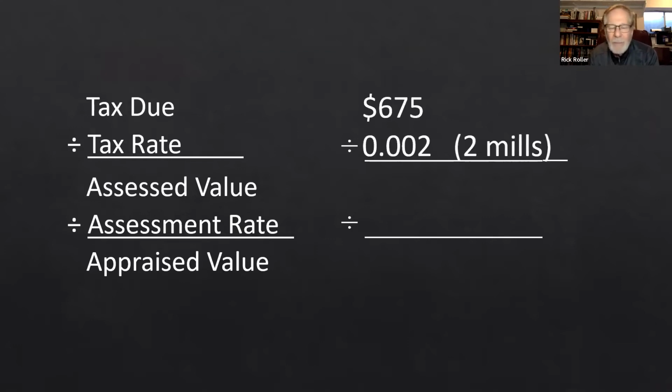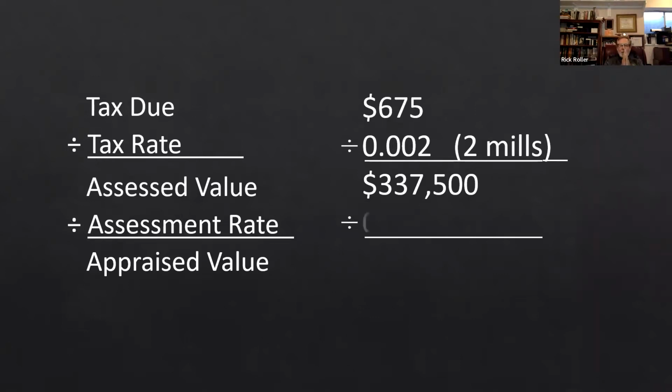We know the tax rate was 0.002, because 2 mils, that's the decimal equivalent. We divide the 675 by 0.002, and that gives us 337.5.